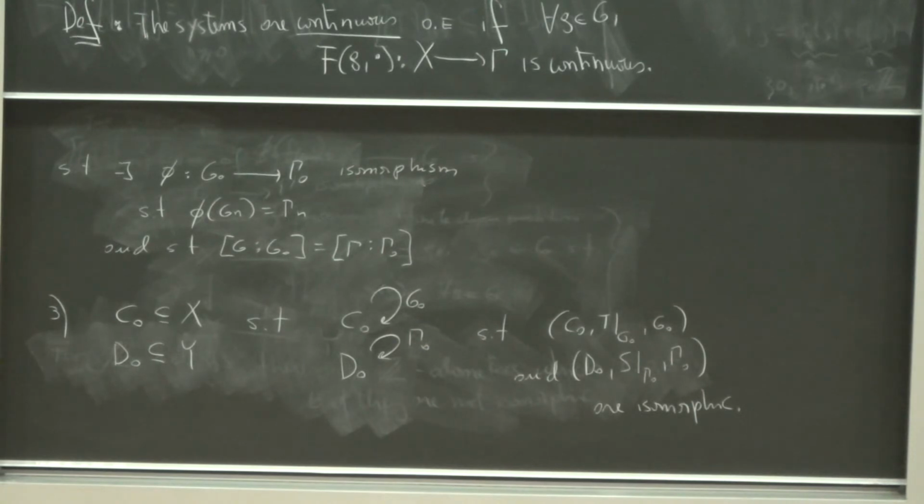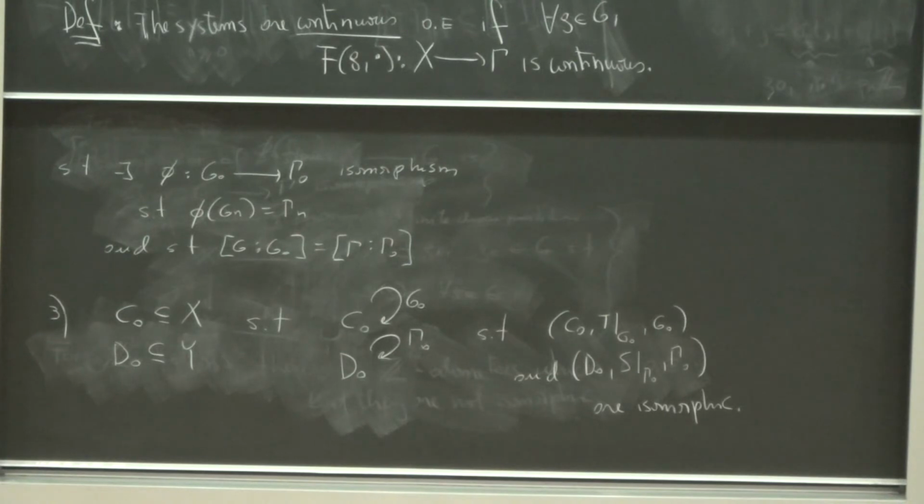At the same time that we were working with Medinet, there is another work which appeared more or less at the same time, which gives you another kind of rigidity result about continuous orbit equivalence.